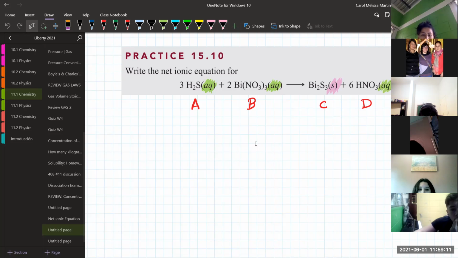The physical state aqueous means that you can do dissociation, yes or no? Thank you, Nicole, for participating. Aqueous means dissociation. So you're going to be doing dissociation for A, dissociation for B, and dissociation for D. The only one that won't require dissociation will be the solid, the compound C.